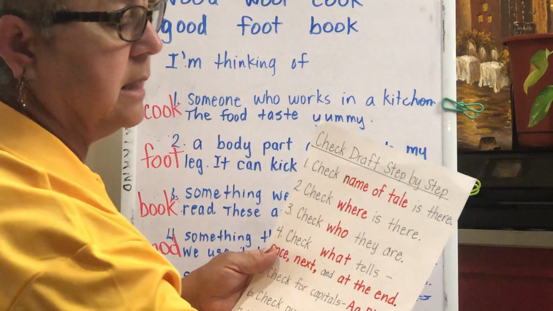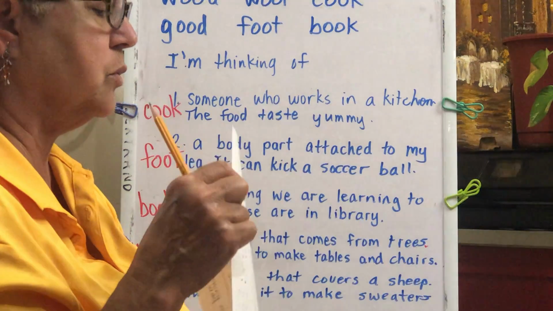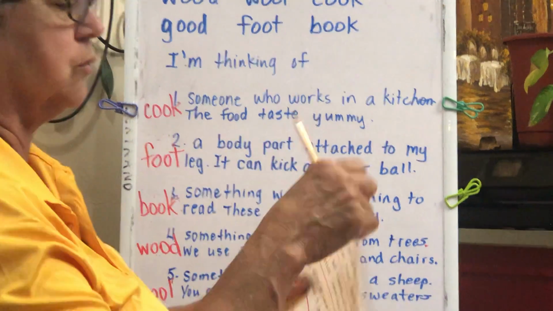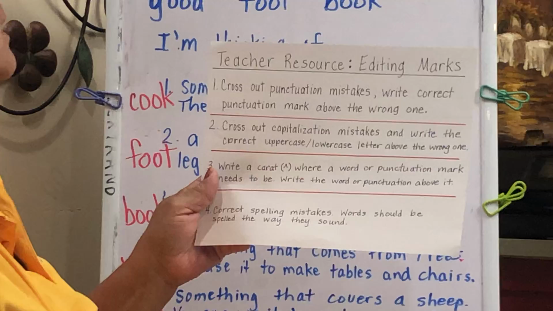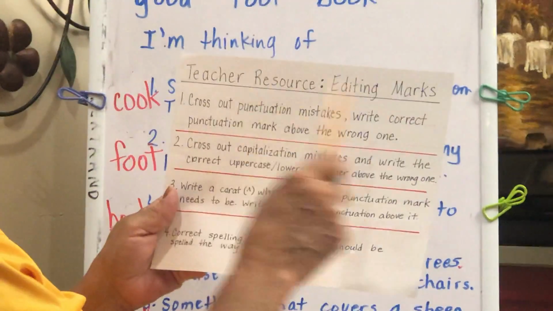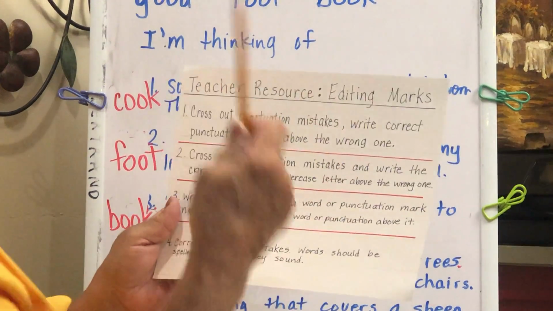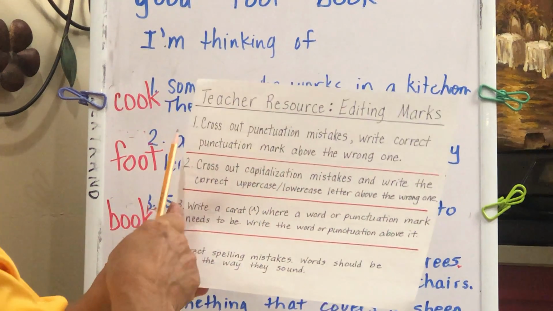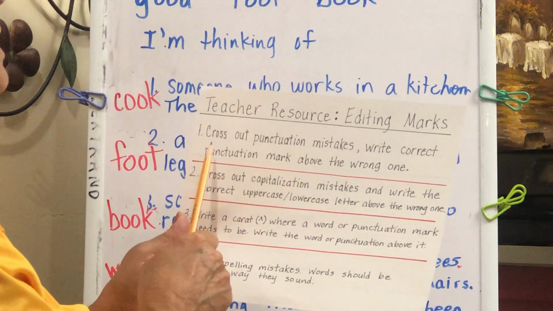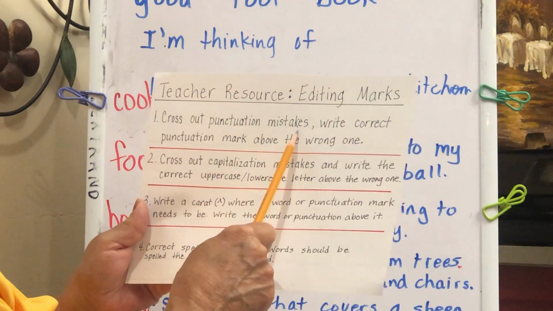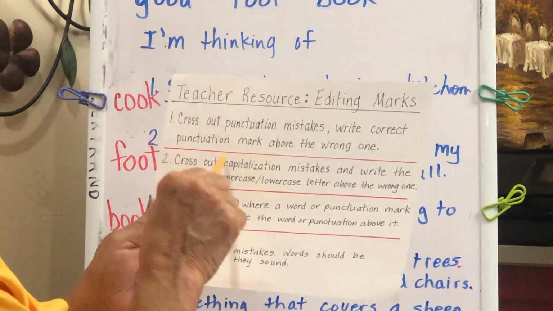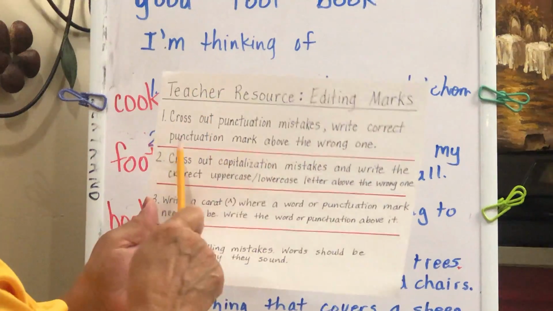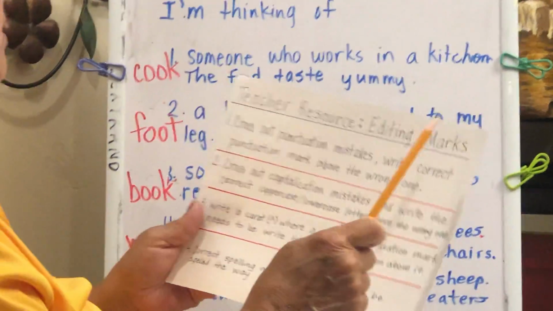Another thing is, what do you do when you're checking it and something is wrong? So we're going to use these editing marks, and editing means changing, correcting. So we have correction marks. So when you are reading a story and the punctuation is wrong, you cross it out and you write the correct punctuation mark above the wrong one.